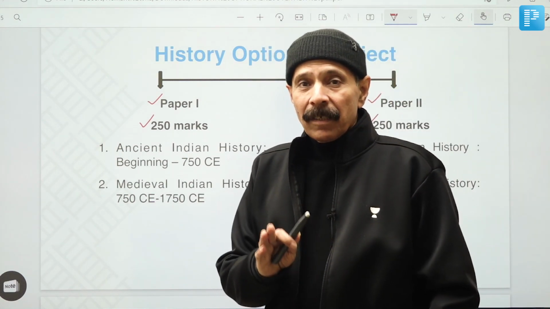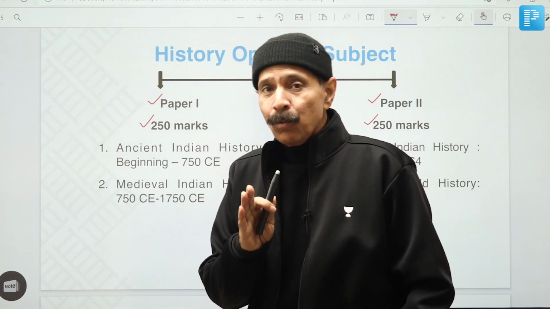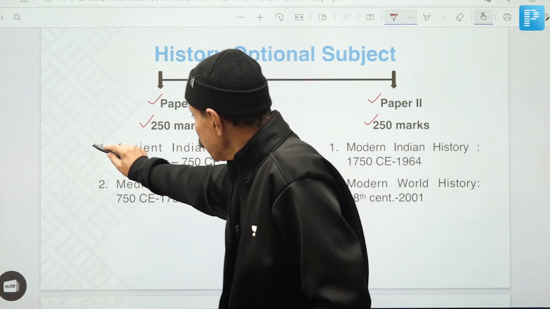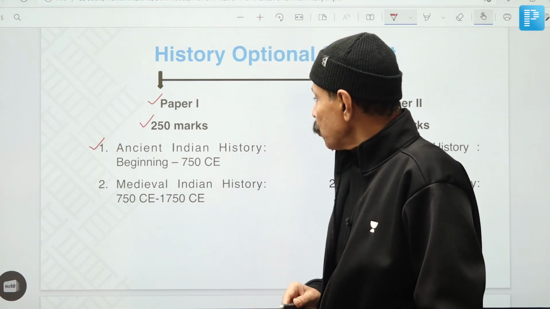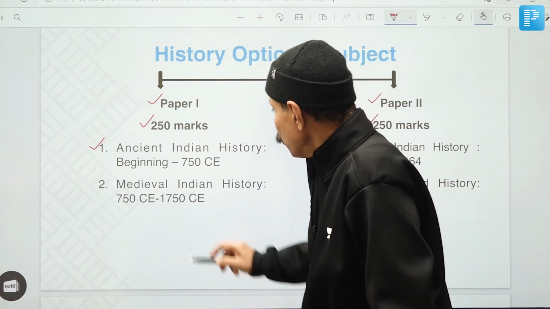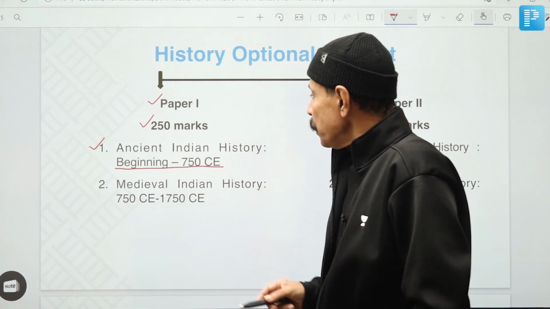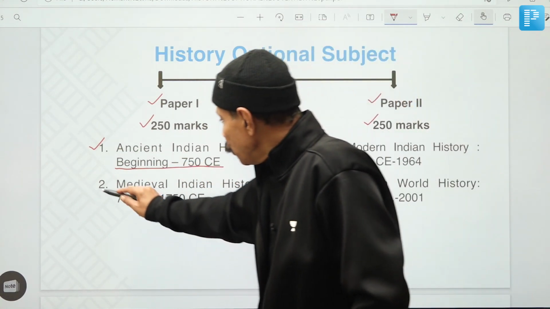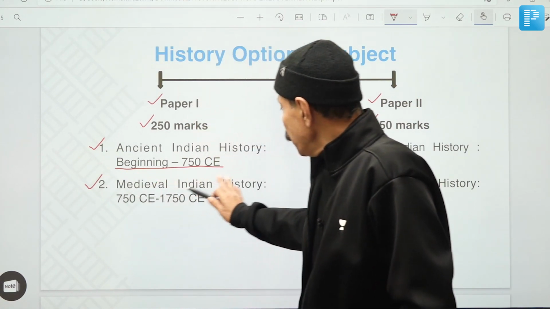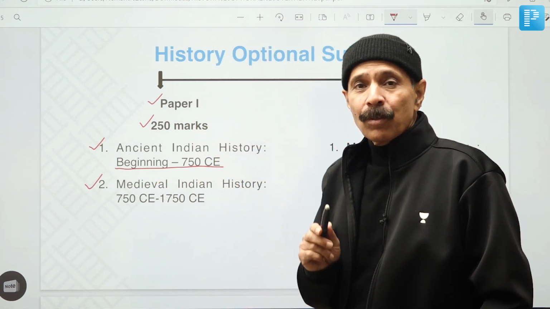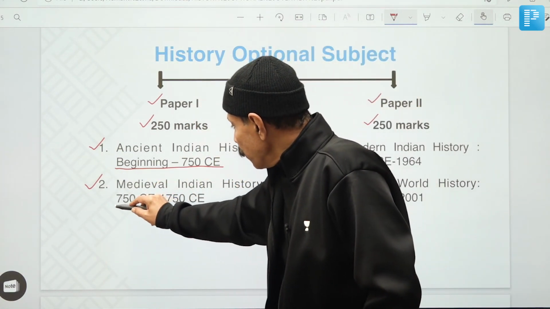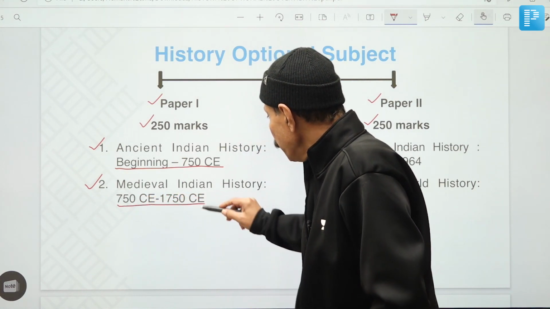Paper 1 consists of 2 sections. One, Ancient Indian History, whose chronology is beginning to 750 CE. And 2, Medieval Indian History, whose chronology is 750 CE to 1750 CE.